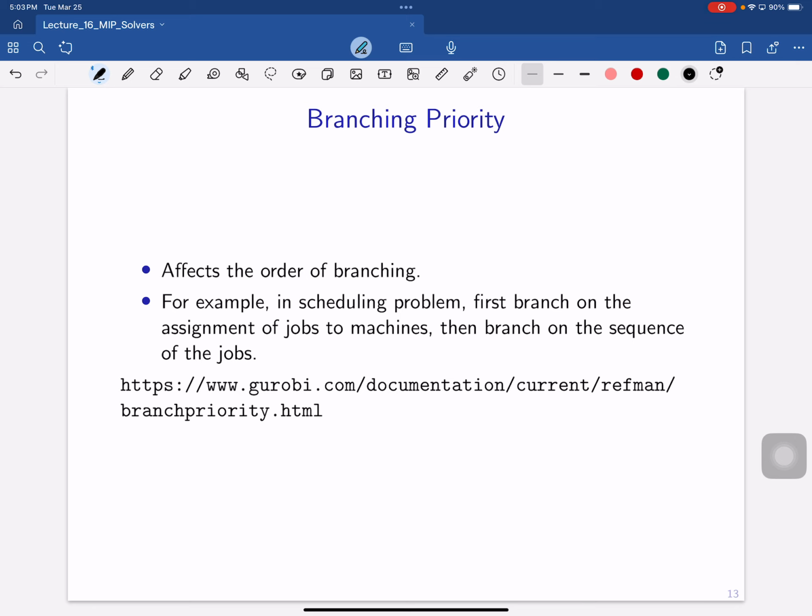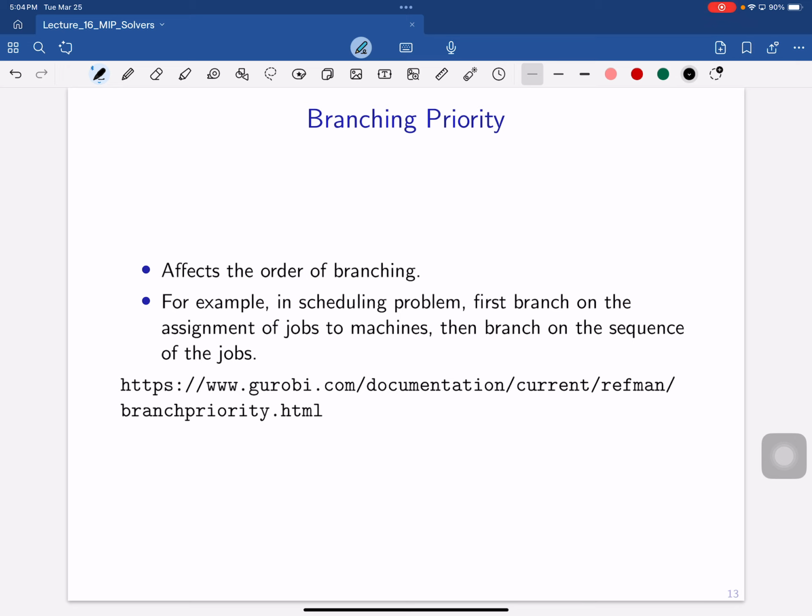Now the other thing I've talked about before is so-called branching priority. In some applications, when you are using a branch and bound algorithm, you know it's better to first branch on some of the variables than the other set of variables. For example, in a scheduling problem, you want to first branch on the assignment of jobs to machines before you branch on the sequence of the jobs on a given machine.